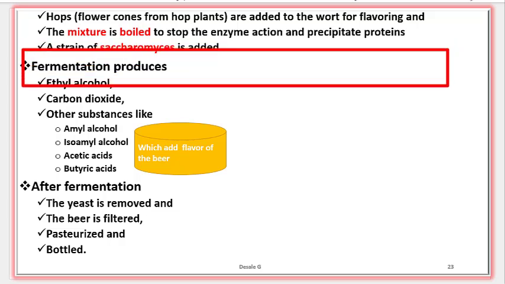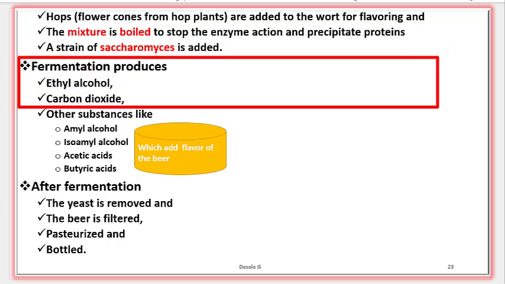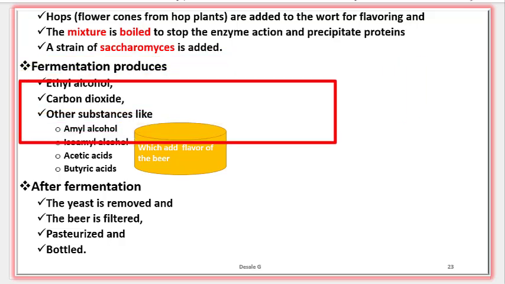During fermentation, yeast converts the sugars in the wort into alcohol, mostly ethanol, and carbon dioxide. This process typically takes about 1 to 2 weeks, depending on the type of beer and fermentation temperature.